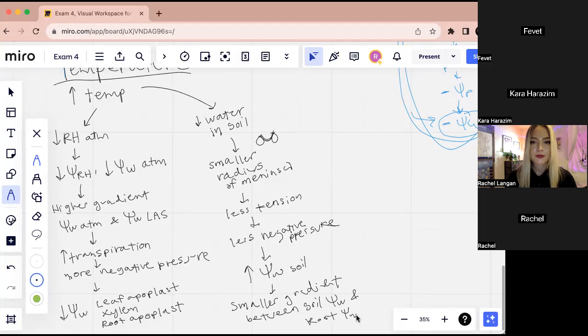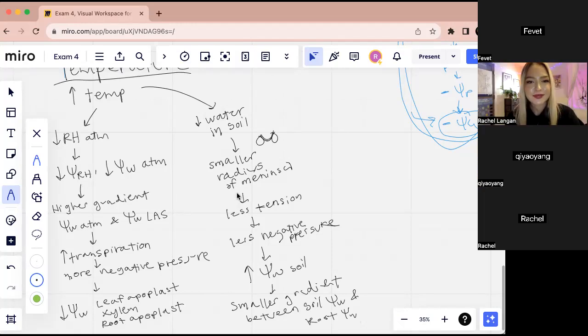So I thought that making the radius smaller would actually increase tension, not decrease it. Yes, sorry, I just got messed up.